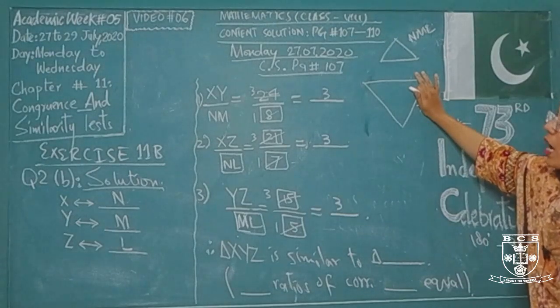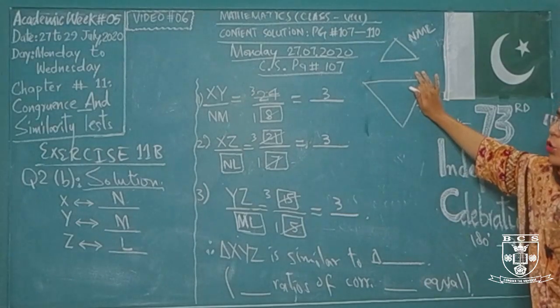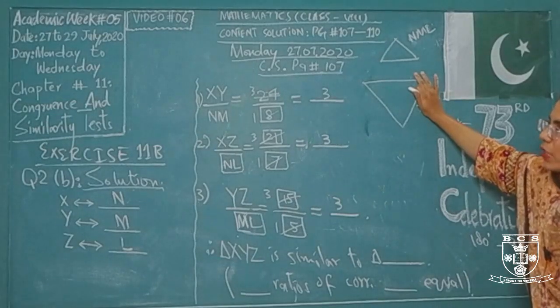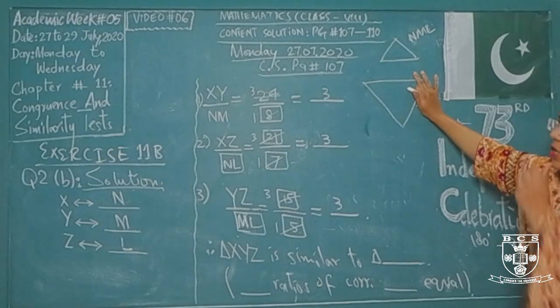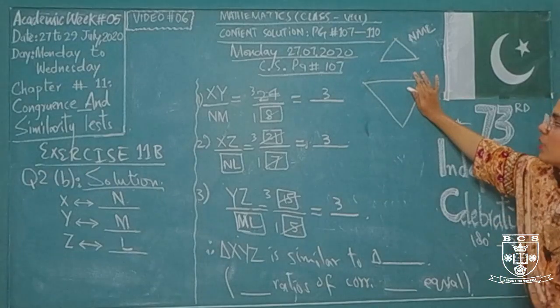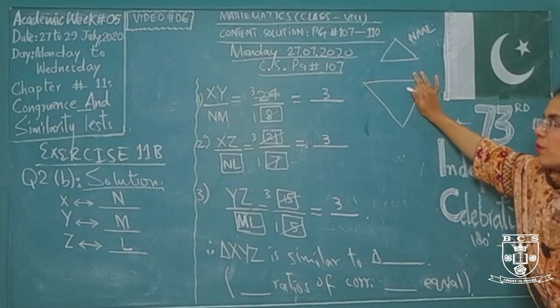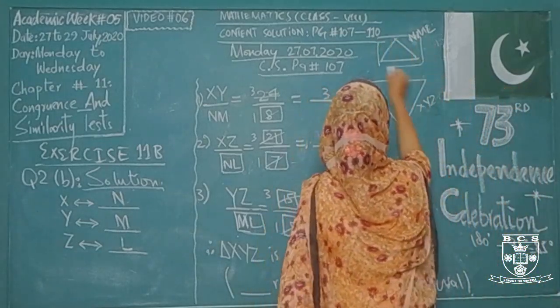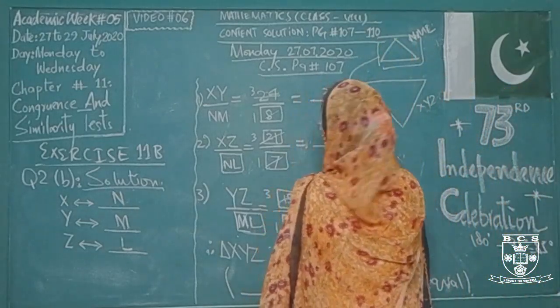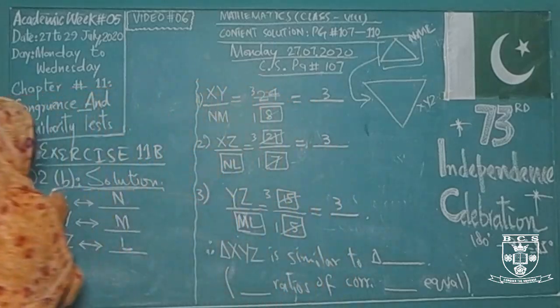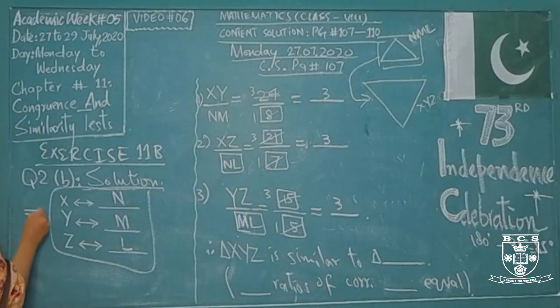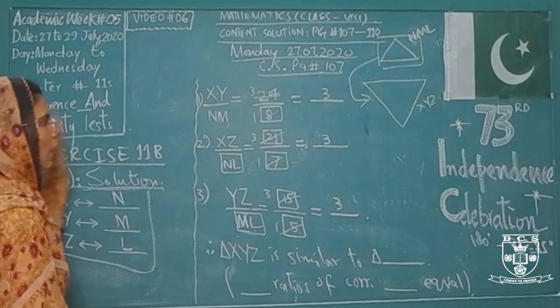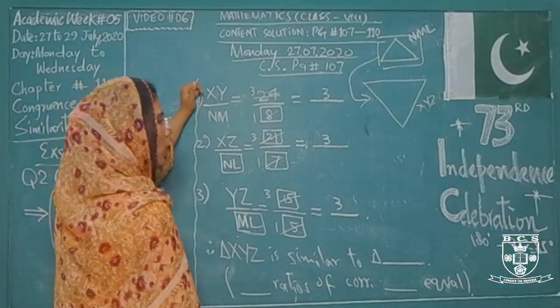So for that you have to consider your triangles first. You will rotate your diagrams accordingly, then you will work. As in these two different diagrams, I have worked very technically for proving these triangles because these are similar. According to the book, they are similar, so we have to prove them similar. For similarity, I have rotated this one diagram according to this diagram. Then we first mentioned their corresponding points, and with the help of these corresponding points, very easily we have proved these different ratios equal to each other.